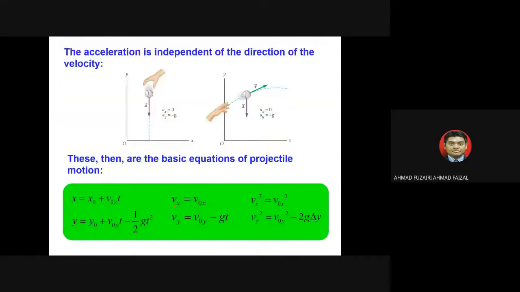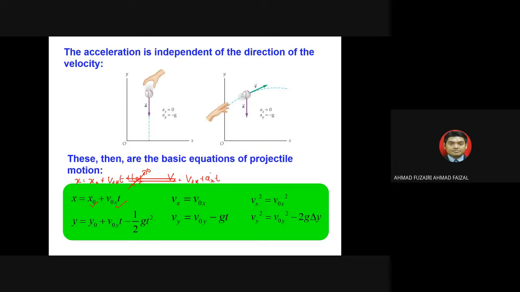This is from x equals x naught plus v naught x t plus half at squared ax. So this one becomes 0. All that is left here is x naught plus v naught x t.